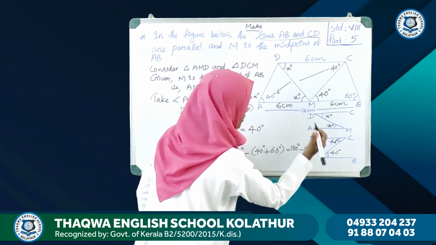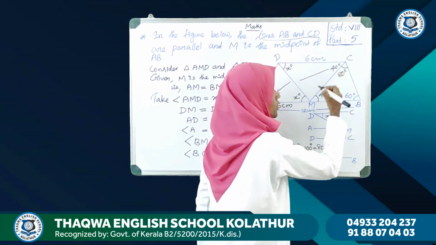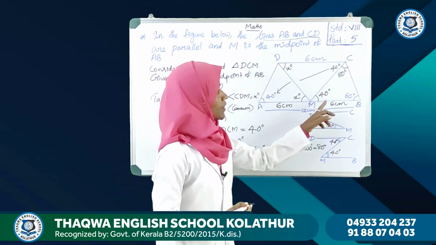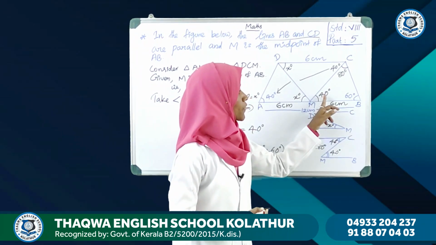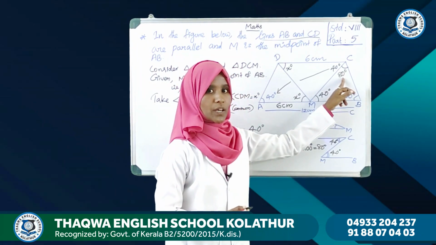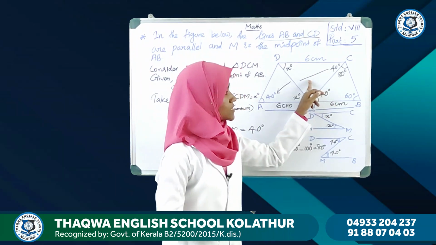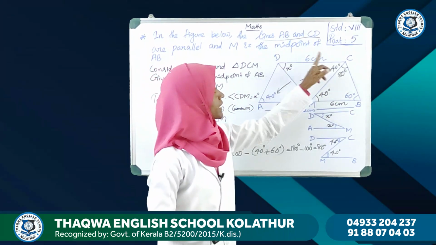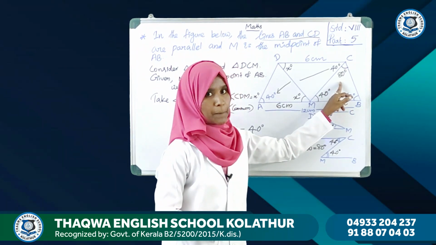So 80 degree. Then here 80 degree. We got the angles of triangle BMC are 40 degree, 60 degree, 80 degree. Now we can consider these two triangles, triangle DCM and triangle BMC.